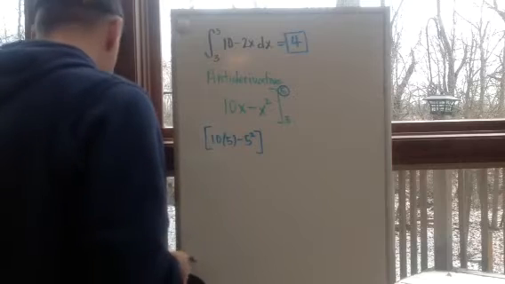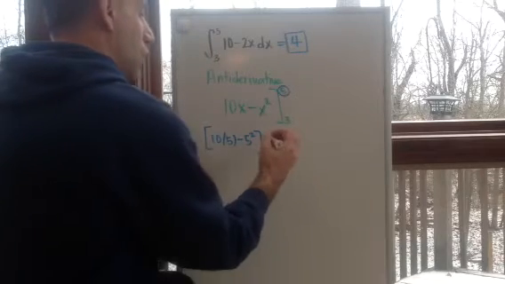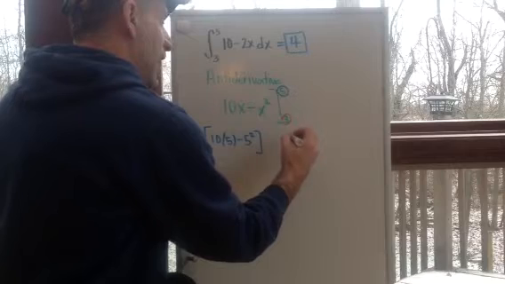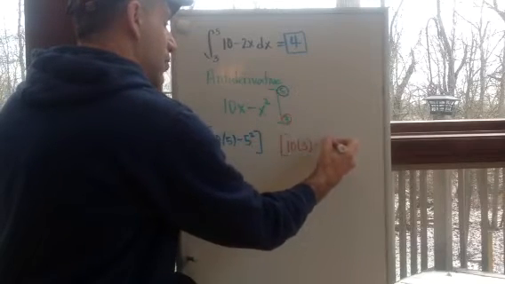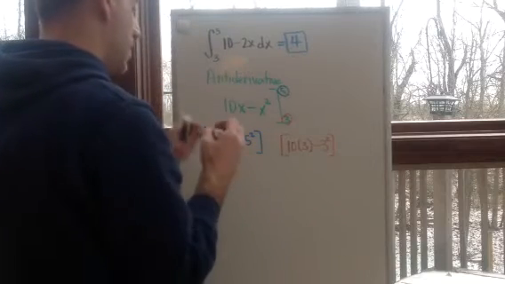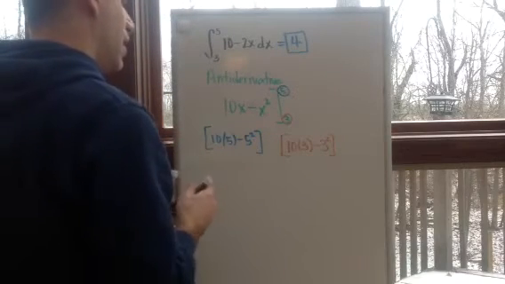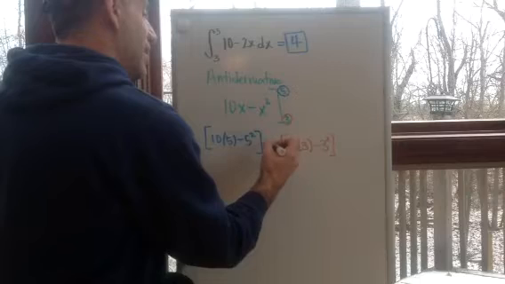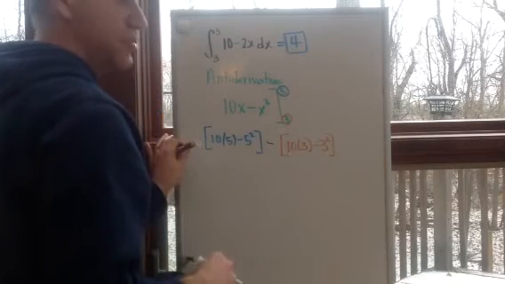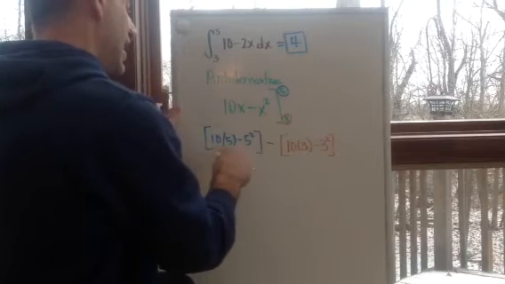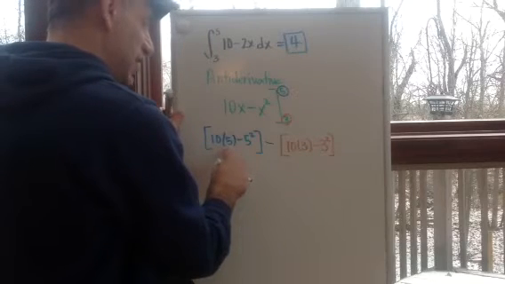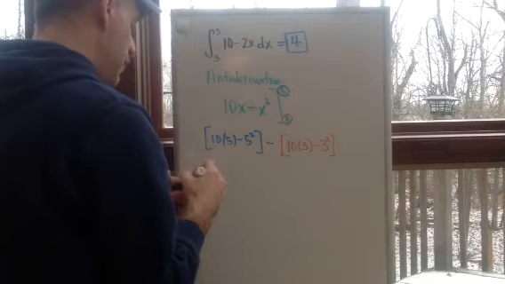Okay? Then we're going to do 3. We're going to put that in. We go 10 times 3 minus 3 squared. And then what we're going to do is find the difference between the two. Okay? So 10 times 5 is 50 minus the 5 squared.